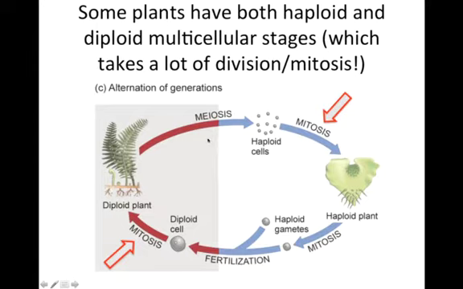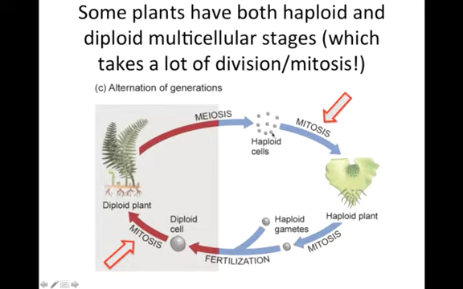But in these plants, something entirely different happens. A single one of these haploid cells, without undergoing fusion with another haploid cell, will itself give rise to a multicellular stage. So over here we have a multicellular plant. You'll see it looks different, but it's the same species.